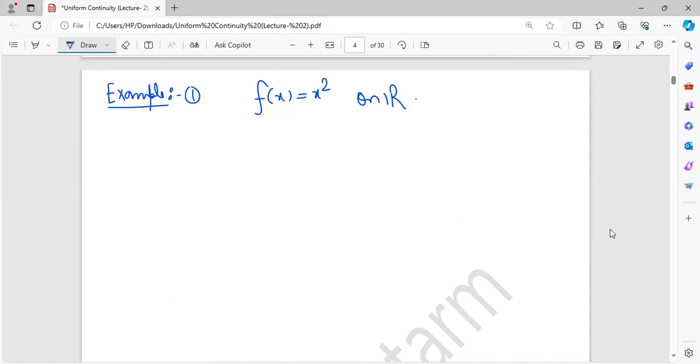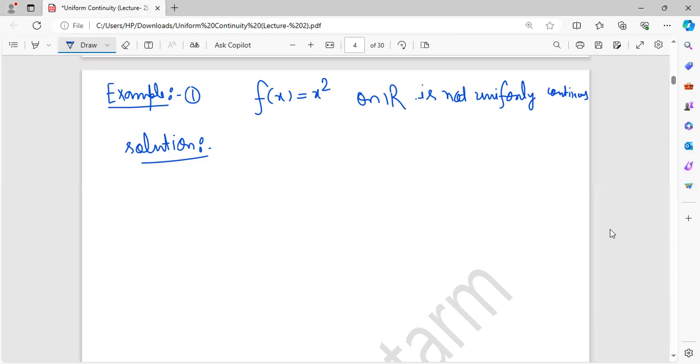So this function is not uniformly continuous. Okay. So we know that by the theorem, if we can find two sequences, xn and yn, whose difference tends to 0, but the corresponding image difference is not tending to 0, then this will prove that the function is not uniformly continuous.